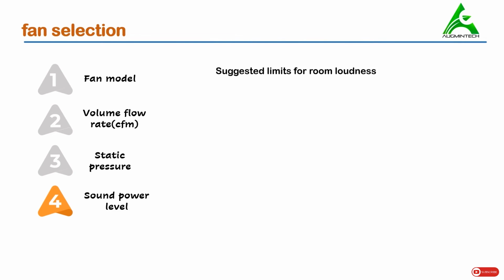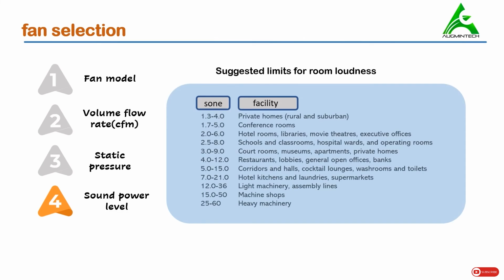Few guidelines to follow in order to select a suitable value for the fan corresponding to the noise levels. So for different facilities, these are the recommended values as provided by AMCA. For private homes, the range of sones has to lie anywhere between 1.3 and 4. A fan producing more than 4 sones should not be selected for private homes.